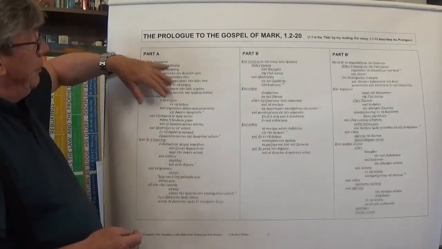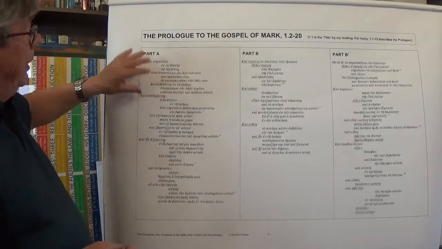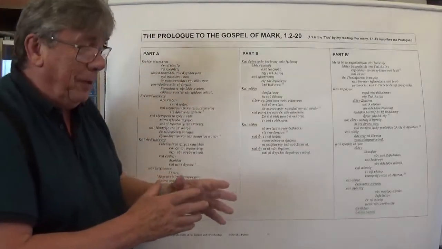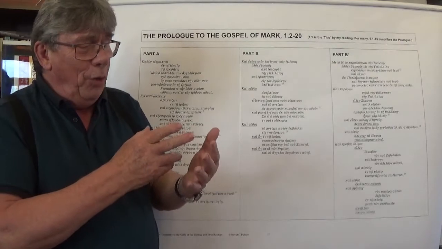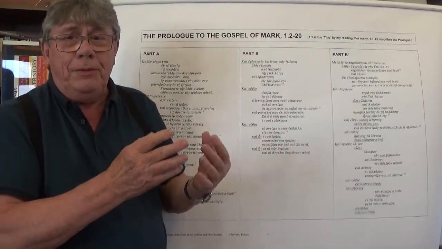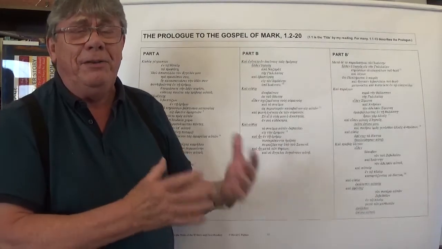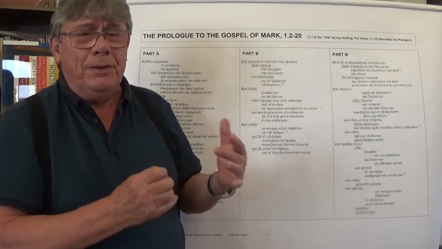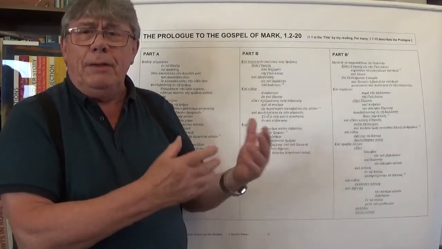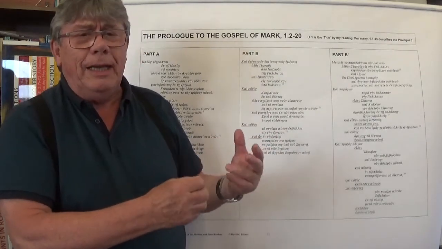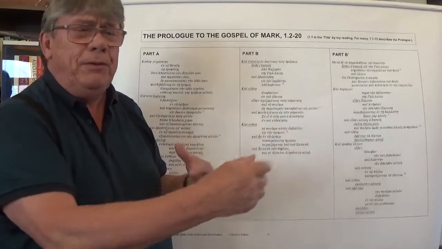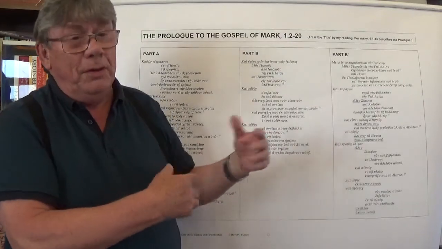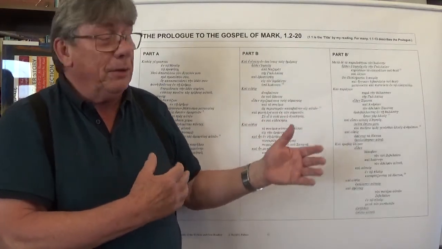Kathos gegraptai, as it is written in Isaiah the prophet, the first 3 lines, when you parse the text, if you've studied Latin or Hebrew in the past, you were encouraged to parse a sentence. It never made much sense to me why we should parse a sentence, having to describe grammatically, syntactically, each and every part of that sentence, the clauses that made up the sentence and the phrases that made up the clauses and the words and their value in grammatical terms.